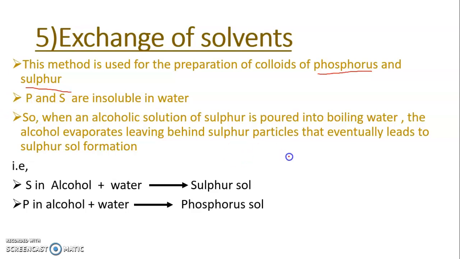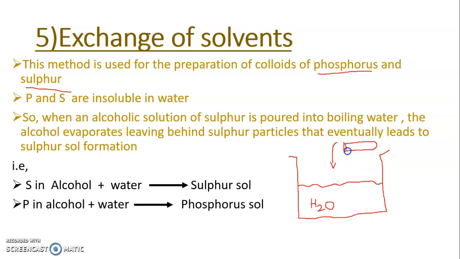I will demonstrate the reaction in here. See, I have taken boiling water. Assume that this is boiling water. What I am doing is that I am adding an alcoholic solution of sulfur to this boiling water. So I am adding alcoholic solution of sulfur or phosphorus.